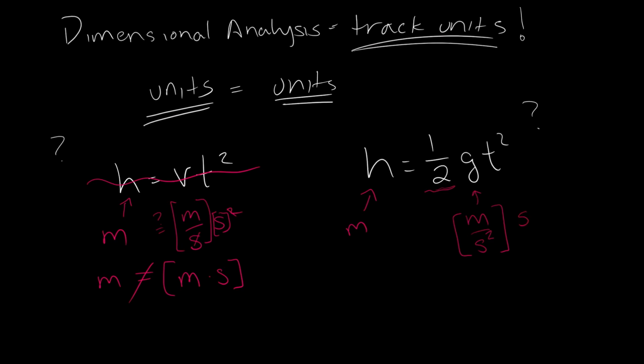And then t squared is going to be seconds squared. So our seconds squared cancel out, and we're left with meters. So in this case, the units on the left side of the equation equal the units on the right. Meters equal meters. So that is a potential equation that will solve for your height.